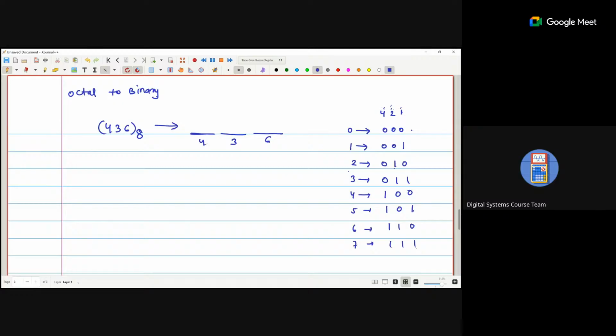Okay. So now 4 should be represented as 1, 0, 0. 3 should be represented as 0, 1, 1. And 6 should be represented as 1, 1, 0.